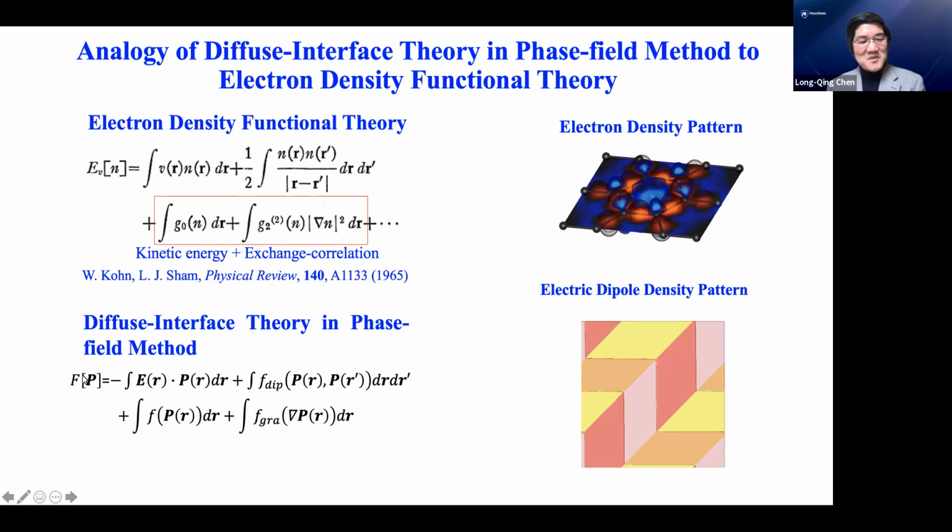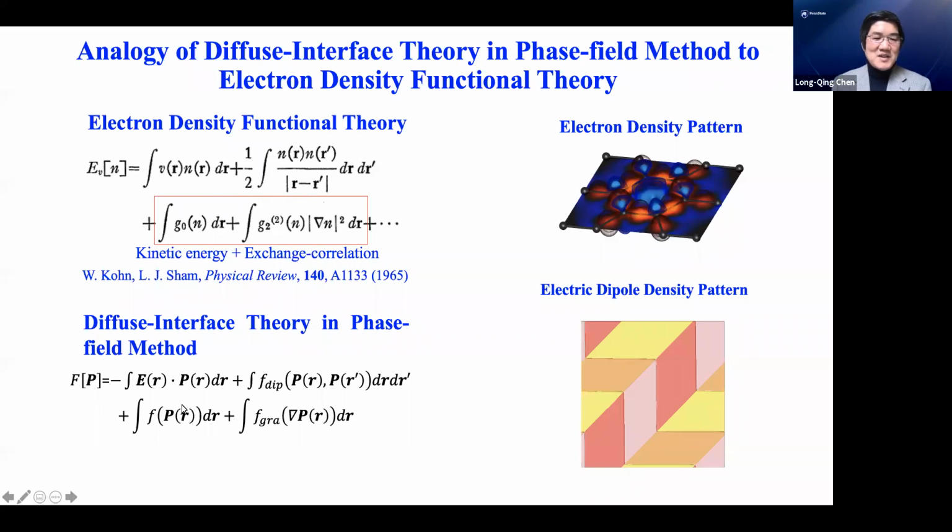Now here we're talking about free energy, which is a functional of the polarization distribution in a domain structure. We have a first term, if we have a local electrical field. This electrical field can be generated inside due to the presence of charges, or can be an applied electrical field.